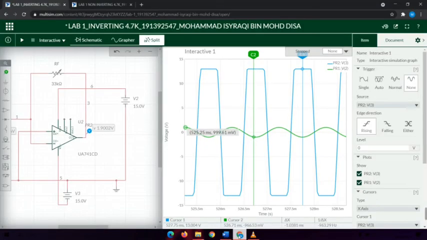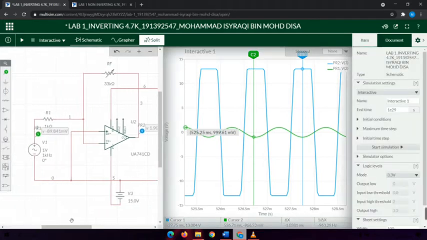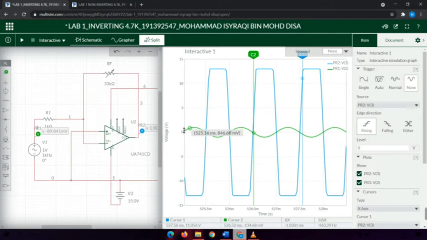From the graph, we insert the negative wave, but we get the positive phase at the output. That's why we call it an inverting amplifier.